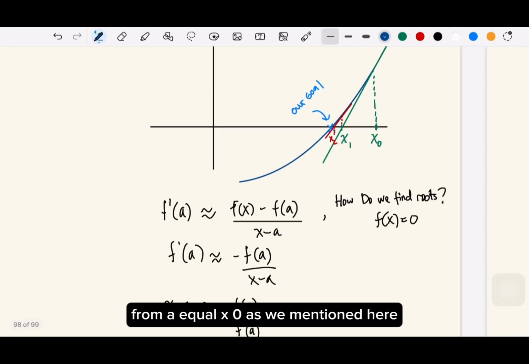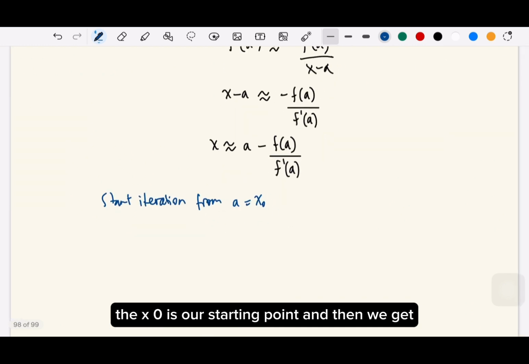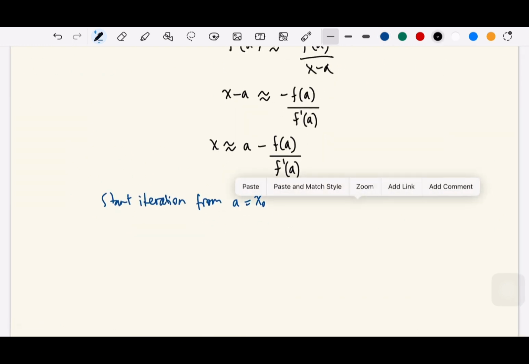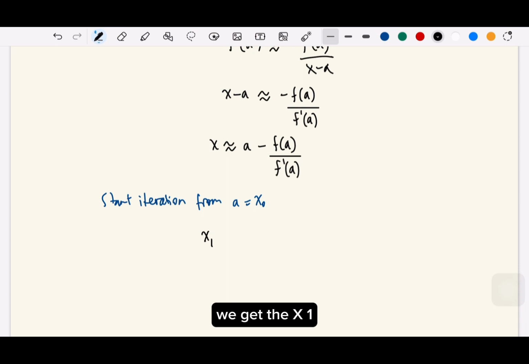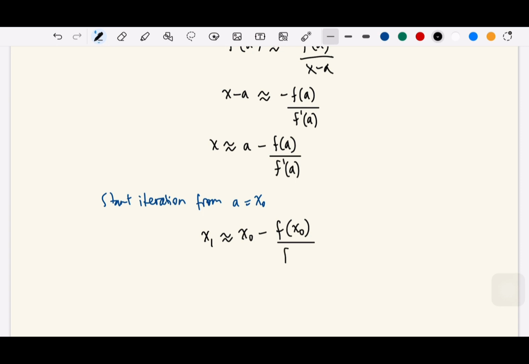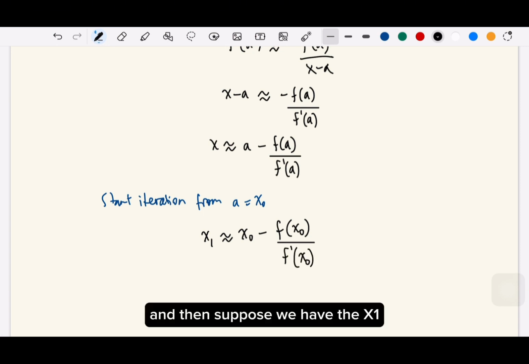As we mentioned here, x0 is our starting point, and then we get x1, which is x0 minus that. Suppose we have x1, then we can try another x using x1.